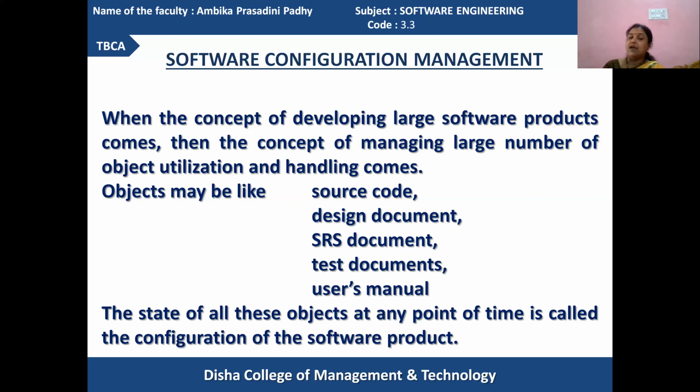And the state of all these objects at any point of time is referred to as configuration. The state changes from one position to another, and each and every instance of the position is referred to as the configuration of the software product.